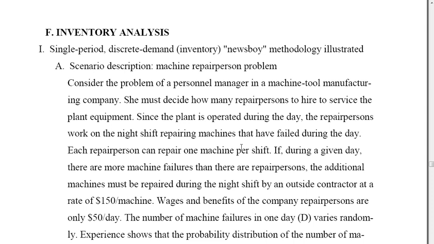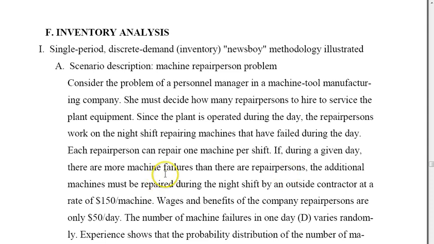The plant operates during the day, and during the night time repair persons work on the machines that have failed during the day. Each repair person can repair one machine during the shift.